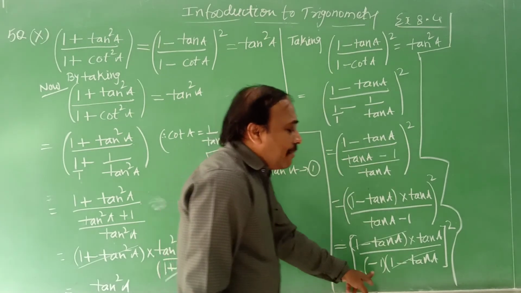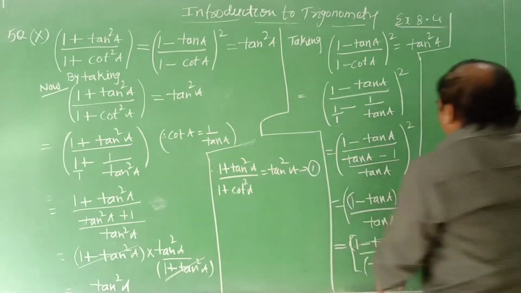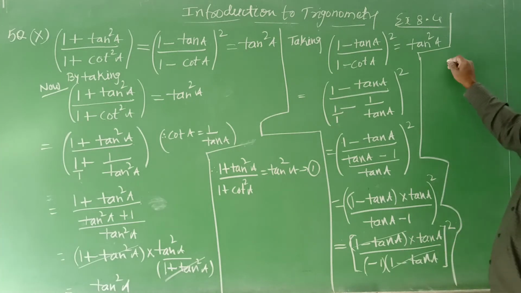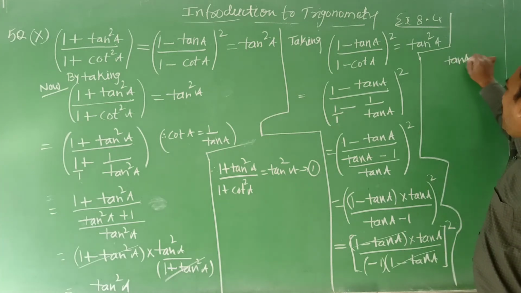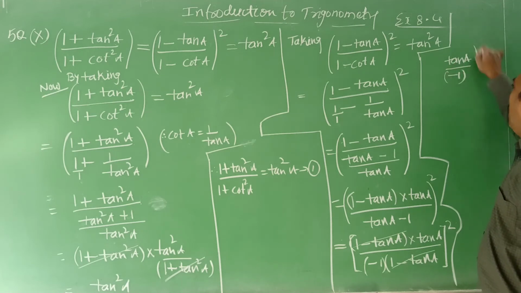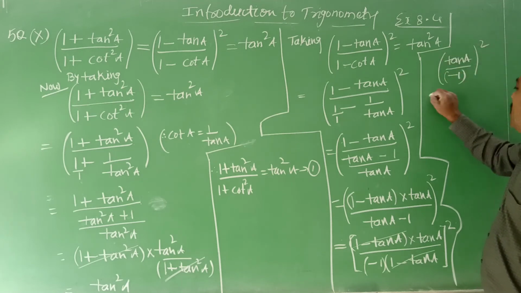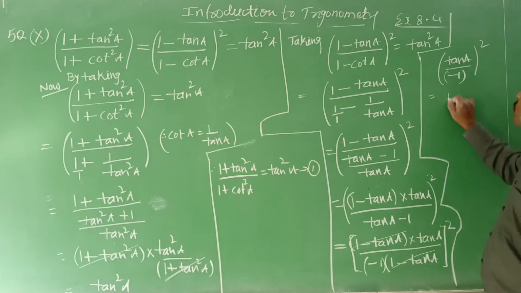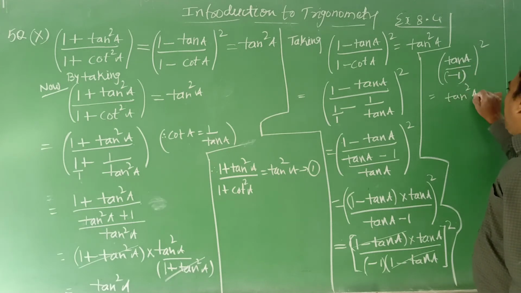What we have here is minus 1, and in the numerator tan A. So tan A by minus 1 whole square, where the square is applicable for both numerator and denominator. So you will get tan square A by minus 1 whole square.